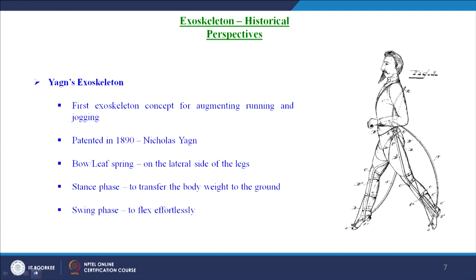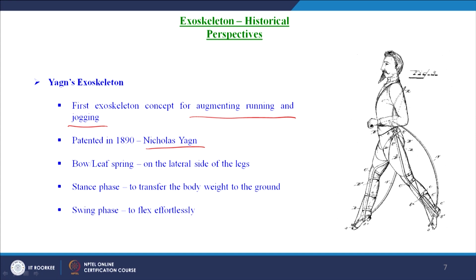Now, coming to the historical perspectives of the exoskeleton, the first exoskeleton was patented by Nicholas Yagn in the year 1890, and it was basically a conceptual exoskeleton. This is for augmenting running and jogging.